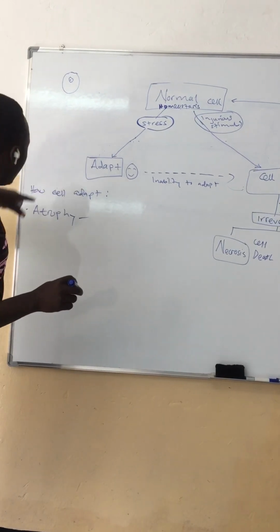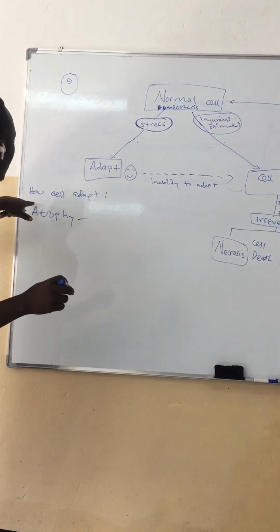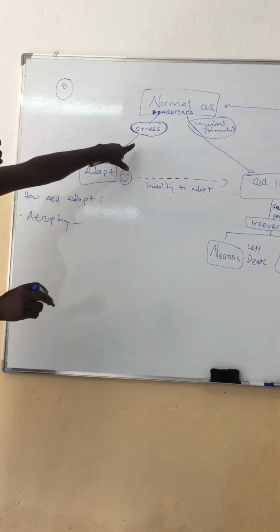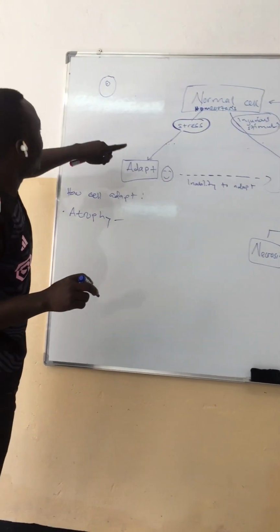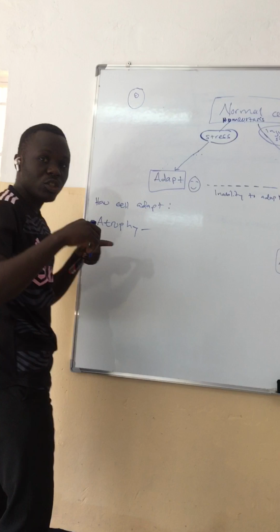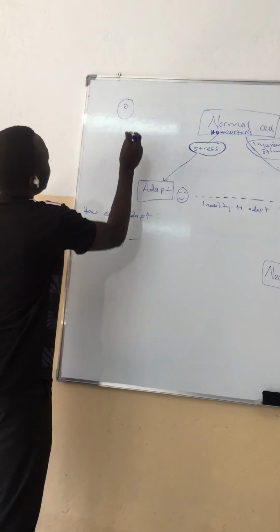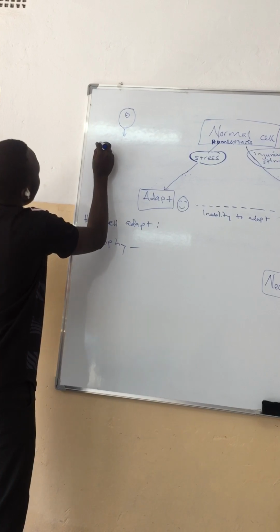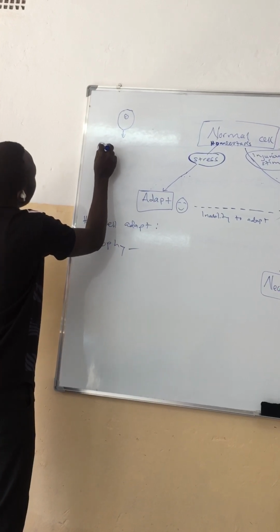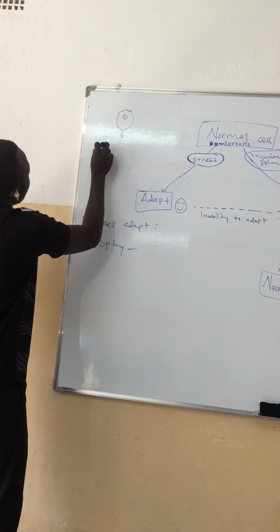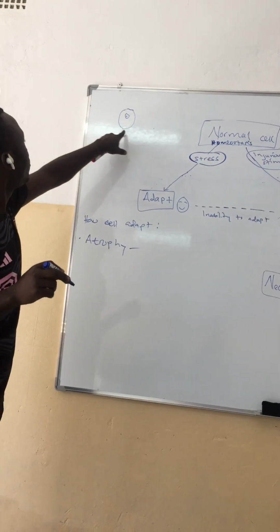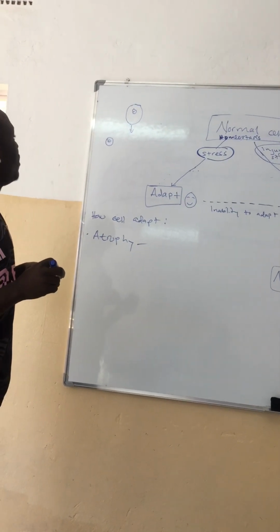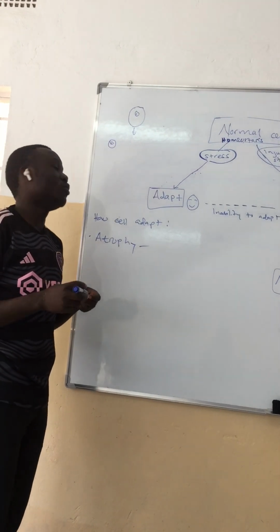So what happens when the cell wants to adapt to this injurious stress? The cell will try to reduce in size. By reducing in size, from this size it will now be like this, a small one. We change the size, and the volume will also reduce.